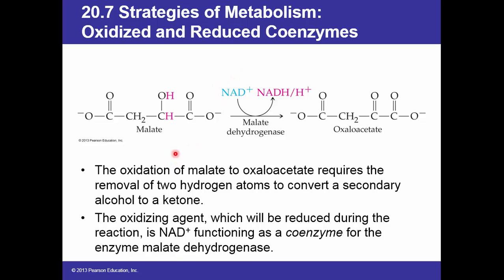The oxidation of malate to oxaloacetate requires the removal of two hydrogens to convert a secondary alcohol to a ketone. The oxidizing agent, which will be reduced during the reaction, is NAD+, functioning as a coenzyme for the enzyme malate dehydrogenase. So it is both a coenzyme and an oxidizing agent.